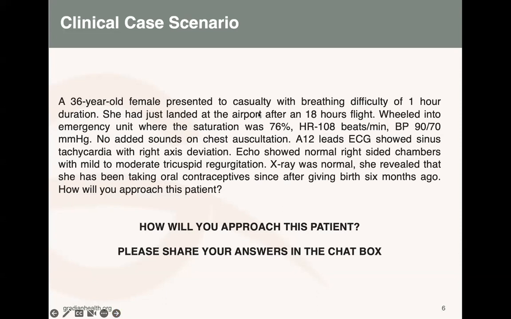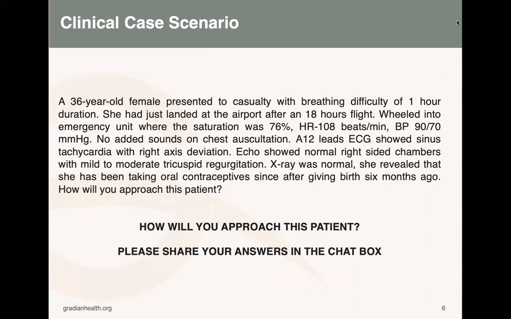Clinical case scenario: a 36-year-old female presented to casualty with a breathing difficulty of 1 hour duration. She had just landed at the airport after an 18-hour flight, wheeled into the emergency unit where the saturation was 76%, the heart rate 108 beats per minute, and the blood pressure 90/70 millimeters of mercury.